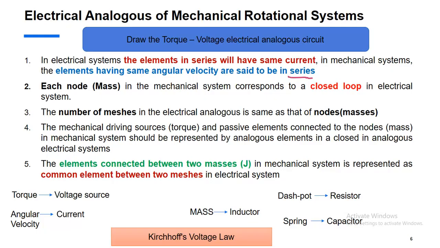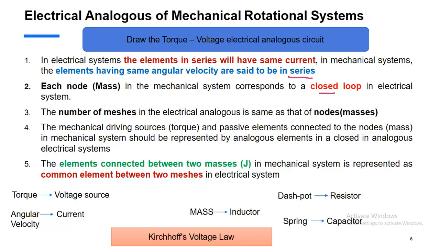Each node, that is a mass which we will call J, corresponds to a closed loop in an electrical system. The number of meshes in the electrical system is nothing but the number of nodes, which is the moment of inertia. We are going to apply an input torque, and all the elements in the mechanical system are represented in terms of their equivalent electrical analogous circuits.